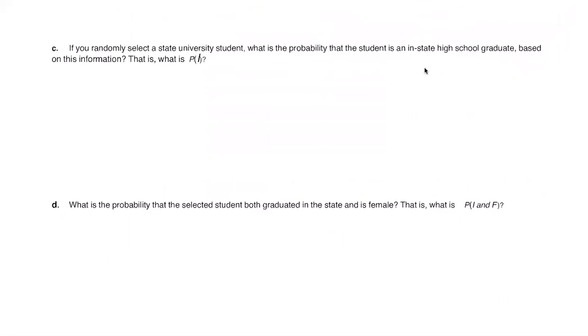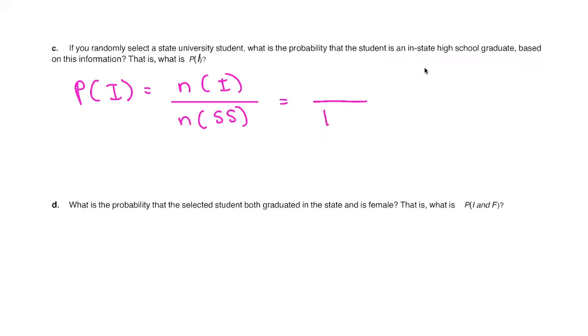If you randomly select a state university student, what is the probability that the student is an in-state high school graduate based on this information? So they want us to find the probability of I, and I represents in-state student. Well, that's going to be the number of in-state graduates out of the total sample space. Well, we know there's 100 students.